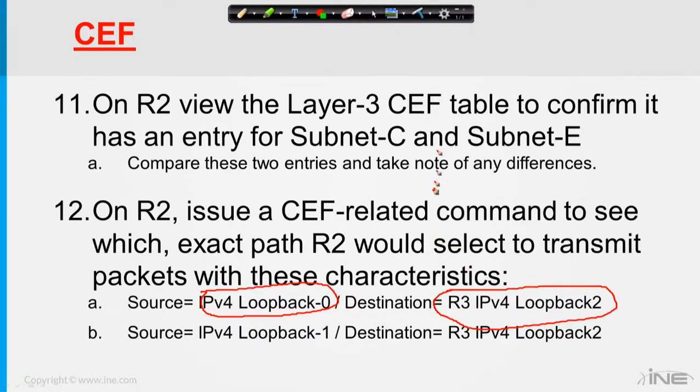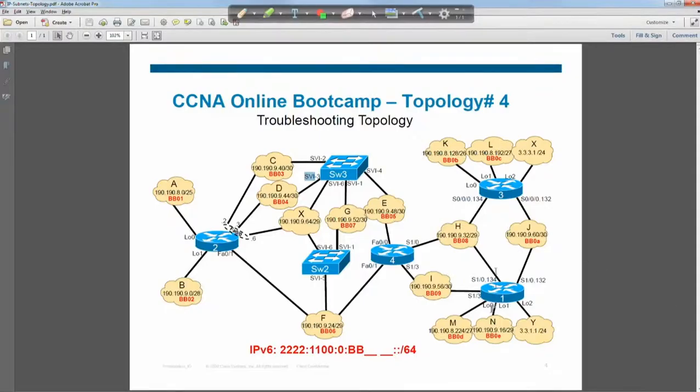Well, first of all, how would R2 even reach loopback 2 in the first place? If we go back to here, R2 to reach R3's loopback 2, that is the 3.3.3 network.